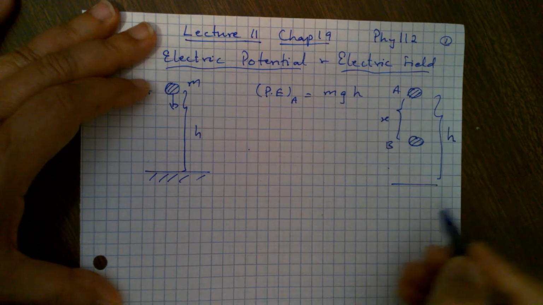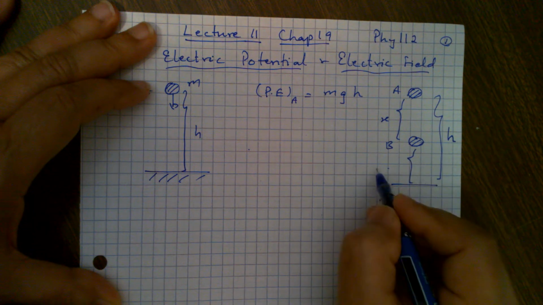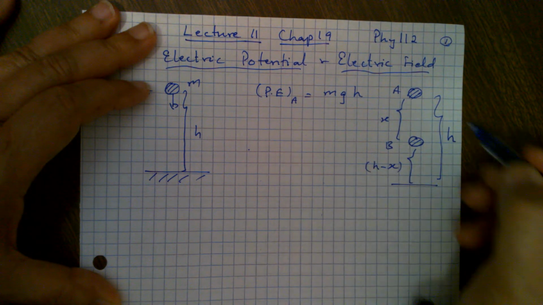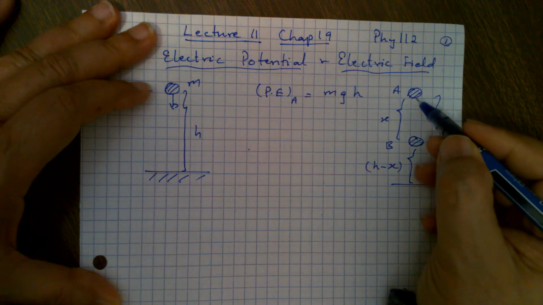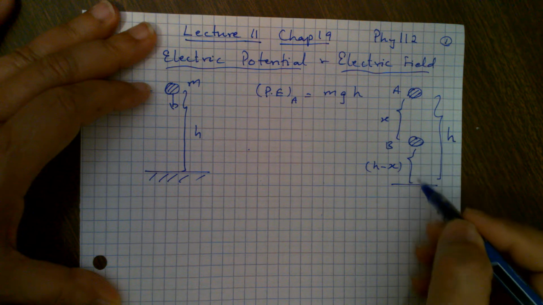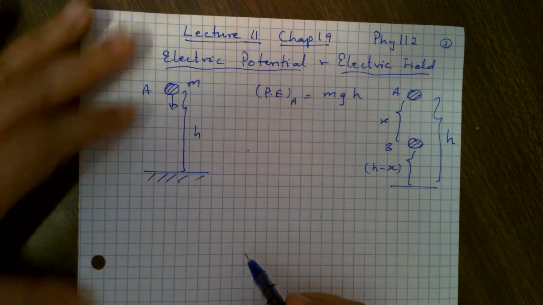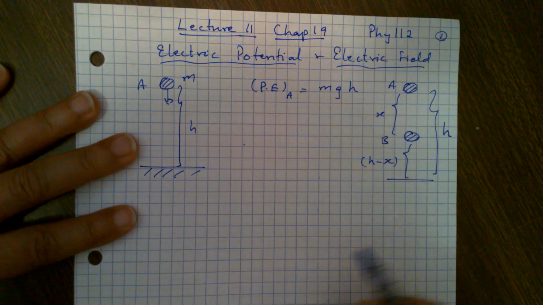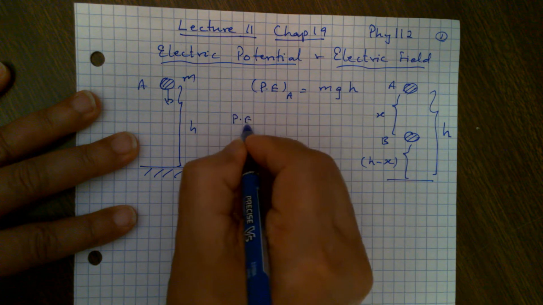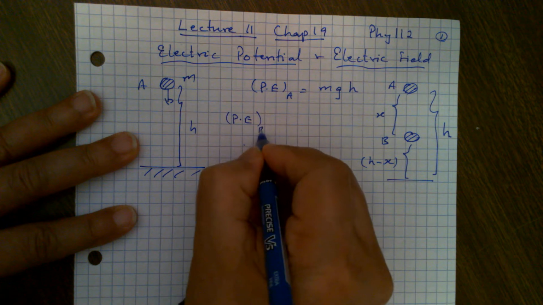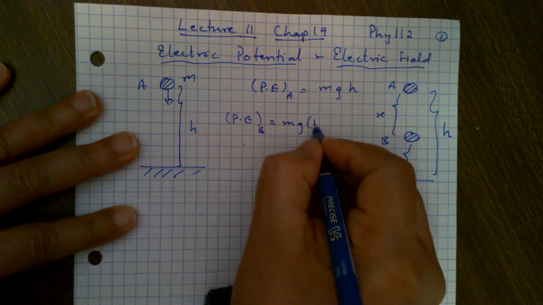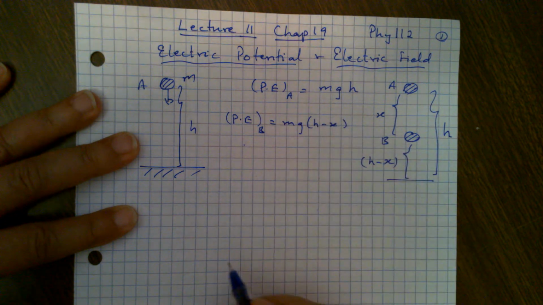So obviously this new height will be h minus x, right? The whole height is h. It has dropped a distance x, so the new height is h minus x. So now let me calculate the potential energy at point B. Potential energy at point B is equal to mg, and the height is h minus x.